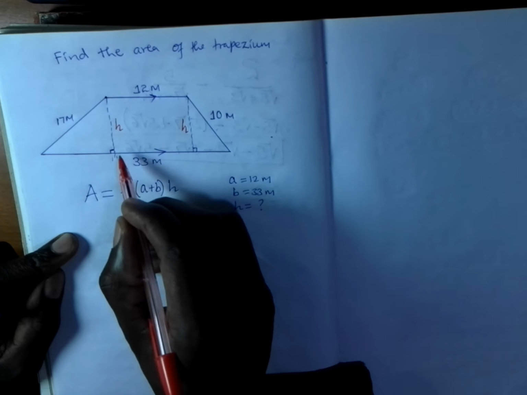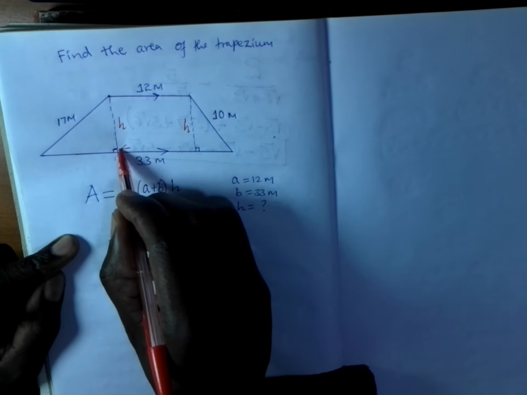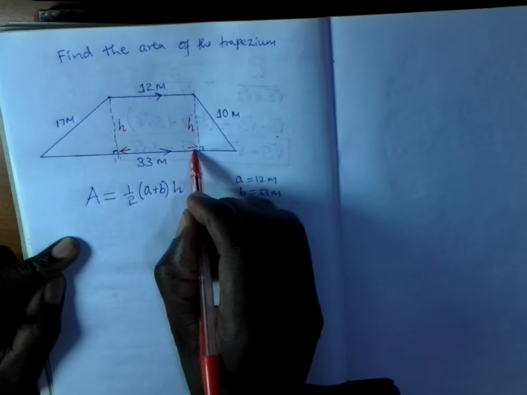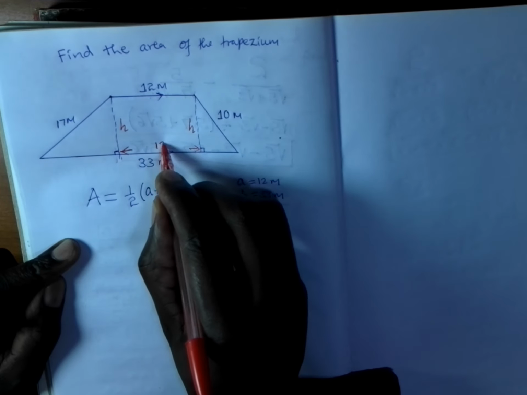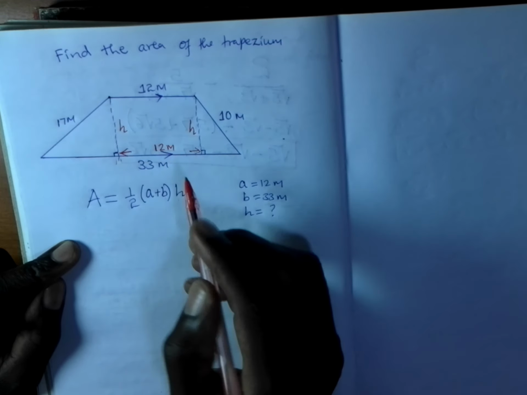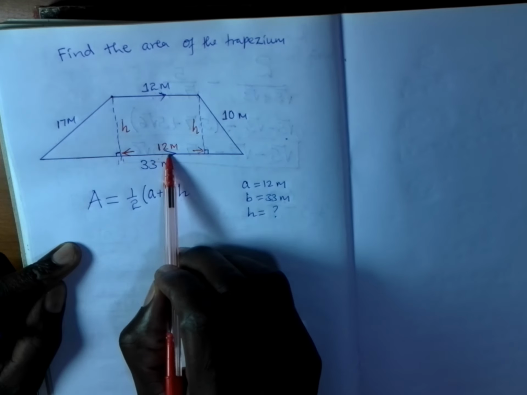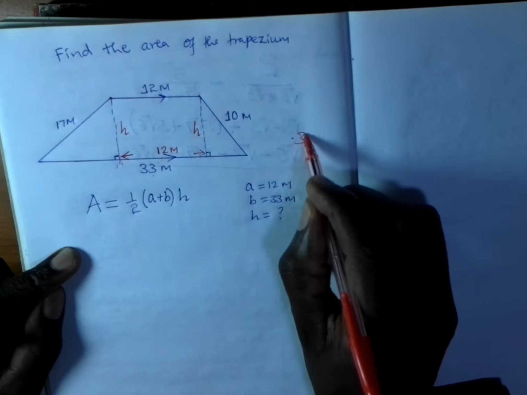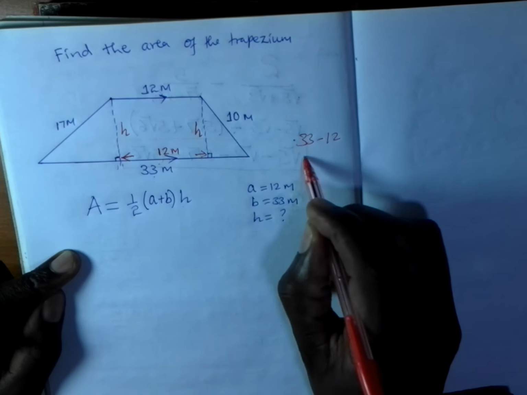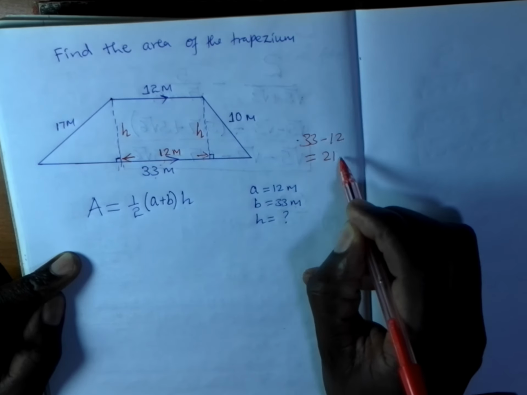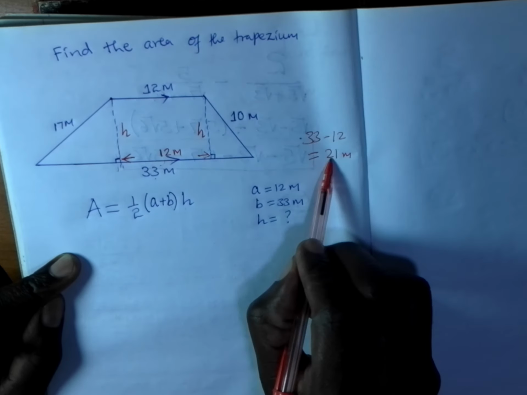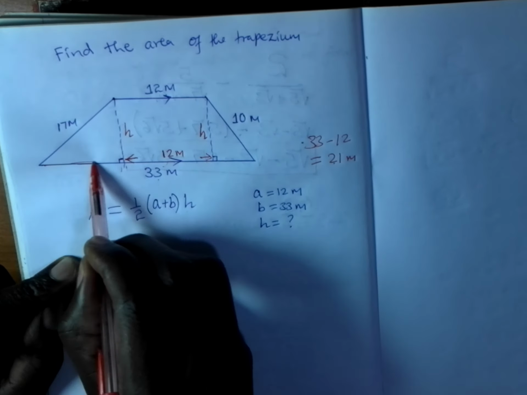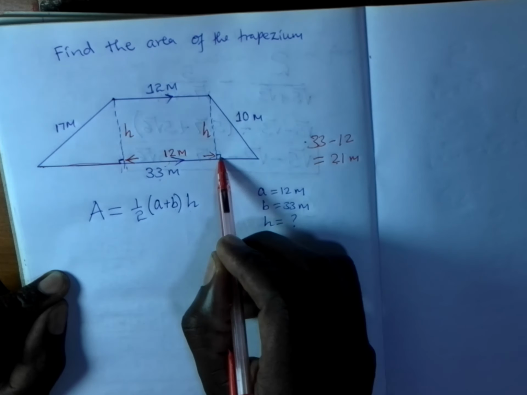So that means also from this particular point up to this particular point will be 12 meters. So whatever value remaining out of 33, which is 33 minus 12, we remain with 21 meters. 21 meters will cover this distance here and the other distance.